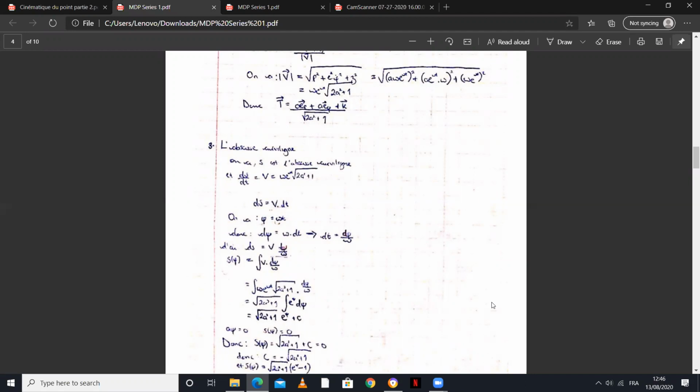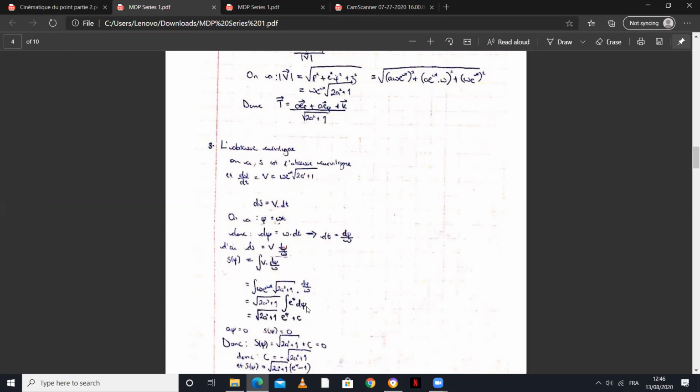That means when you integrate it, it's still going to give you the same thing. So here when we integrate exponential of phi, it's still going to be e to the phi, plus c, the constant of the integral. Sure, we remember this part also. So it's going to be square root of 2a squared plus 1 times exponential of phi plus c.